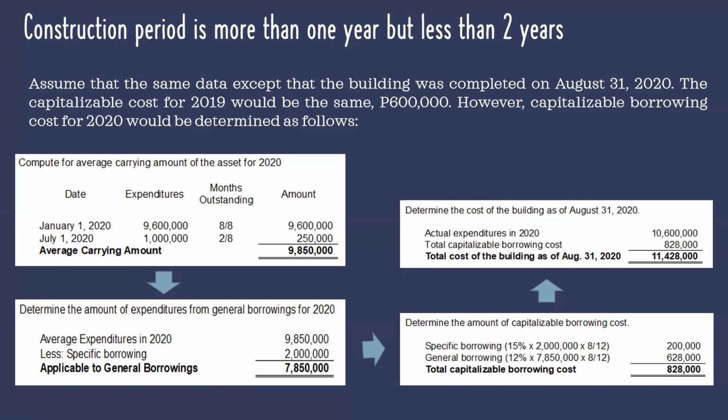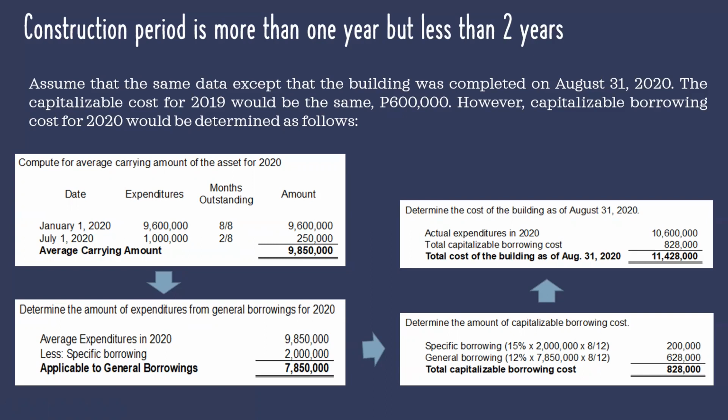So the capitalizable cost for 2019 would still be the same. Tama ba? Kasi the same computations lang yun kasi good for 1 year talaga siya. The amount of the capitalizable borrowing cost is 600,000. Okay? Now, however, for the capitalizable borrowing cost for 2020, it would be different, no? So magkaiba na. Saan ba nagkakatalo, no?